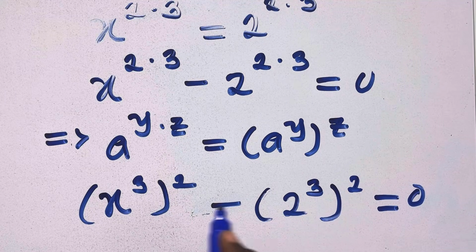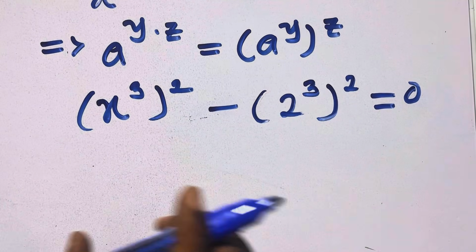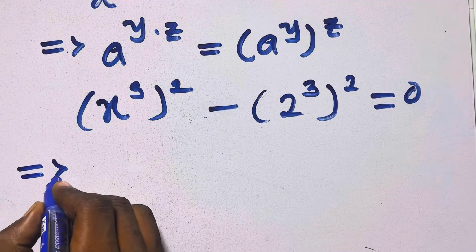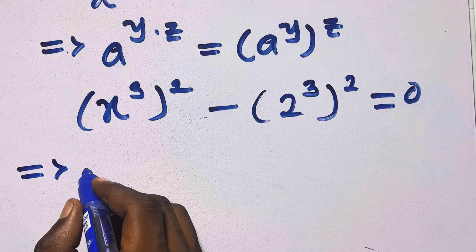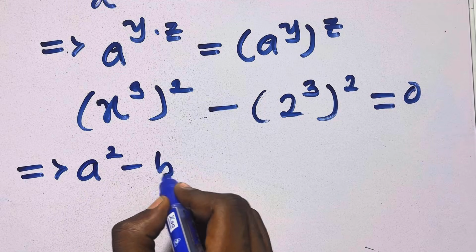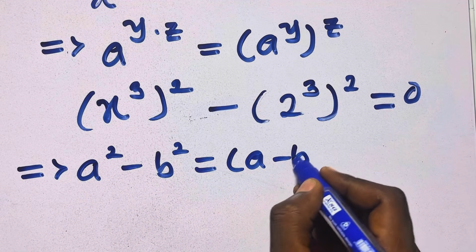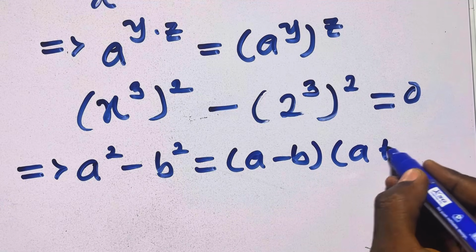equals 0. What we try to do here is to express this as a difference of 2 squares. So remember the identity for the difference of 2 squares: a squared minus b squared equals a minus b, then a plus b.